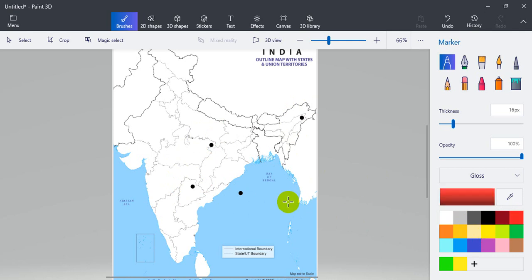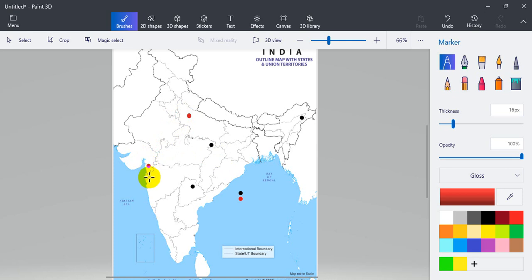Now next we have the nuclear power plants. The first one is in this part of Uttar Pradesh, that is Narora. Then we have one in this part of Gujarat, that is Kakrapara.